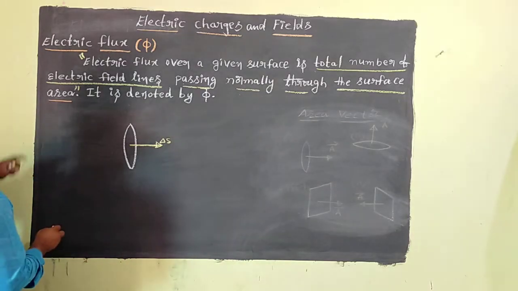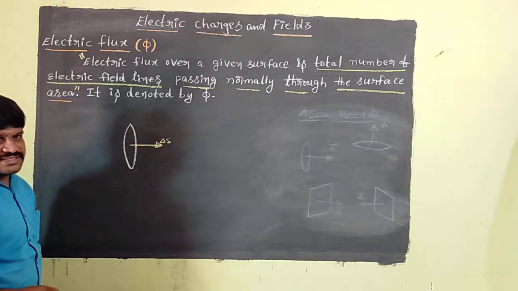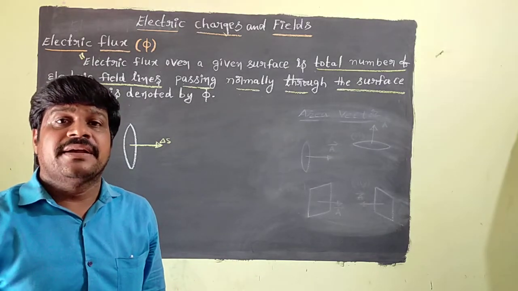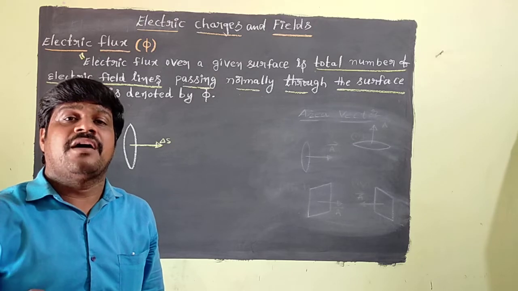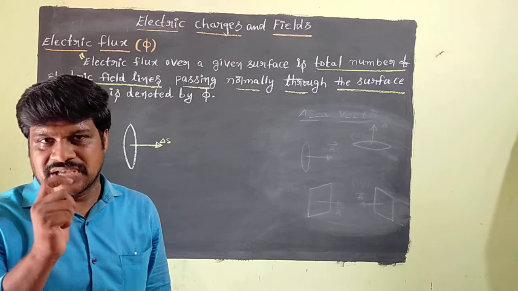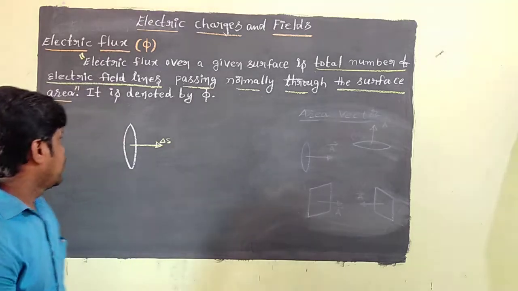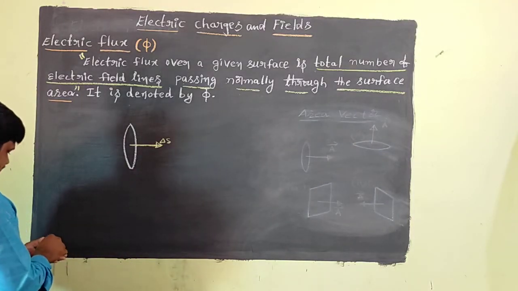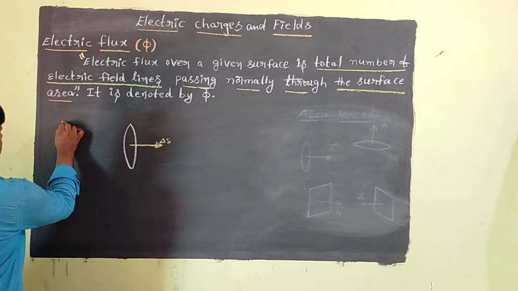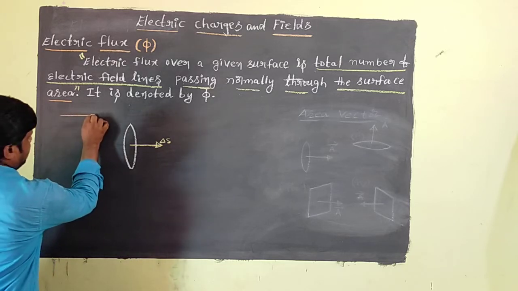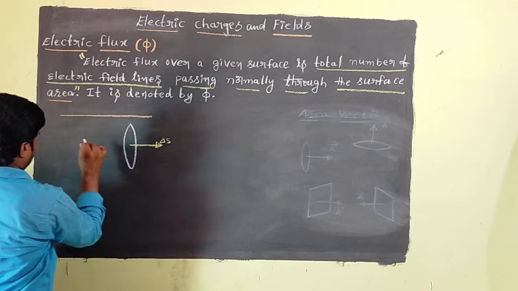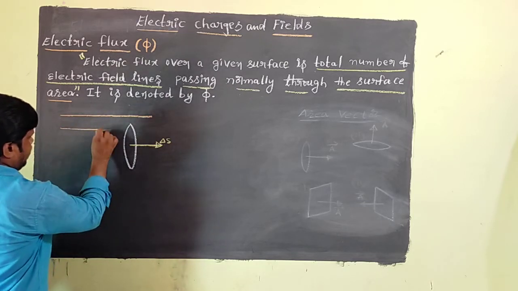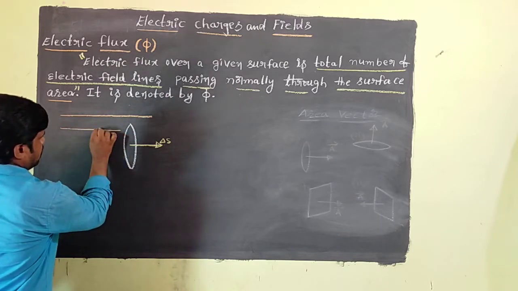Now look at the total number of electric field lines. Electric field can be represented in the form of lines, and those are called electric field lines. You just see here: this one is one electric field line, this is another electric field line, and another like this.